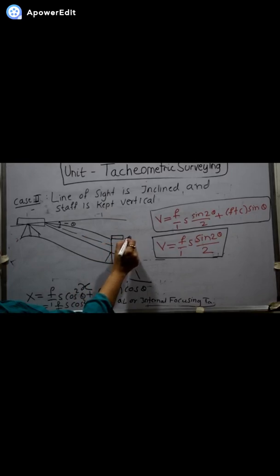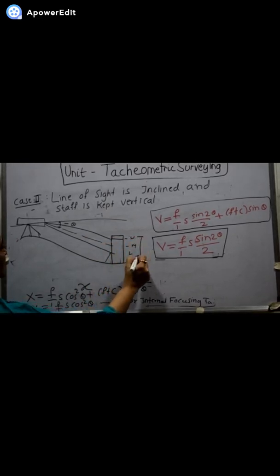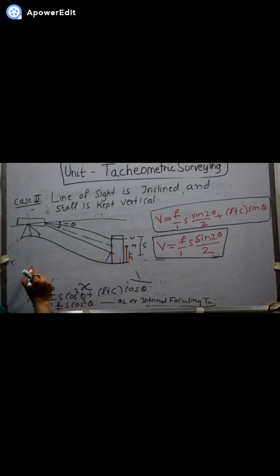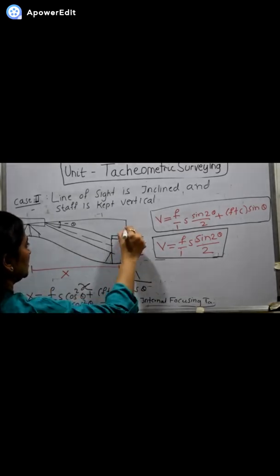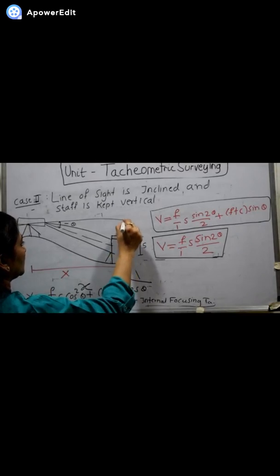This is the upper here, middle here, lower here. The difference is called S. The height of the staff from the ground to the middle here is H. This is the horizontal distance with the center point X. But in this case, now your vertical distance is from the middle here reading to the height of instrument.